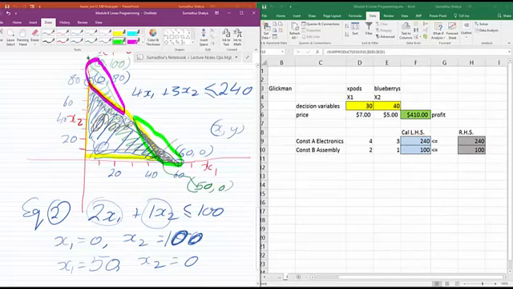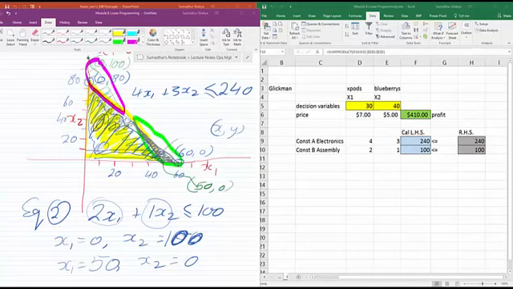So the common area that meets both constraints is the yellow side. As you can see, this is only helpful when you have fewer constraints. Otherwise, you'll end up doing all these calculations for every equation.